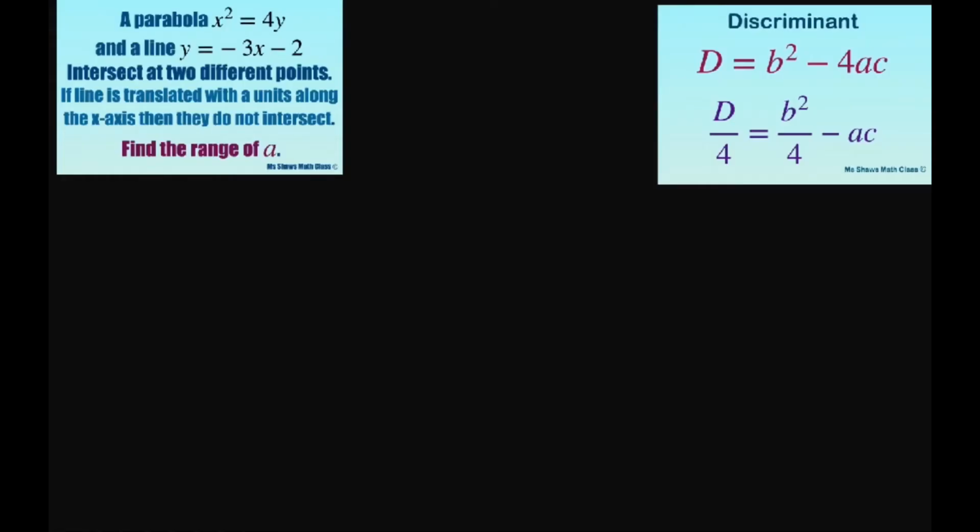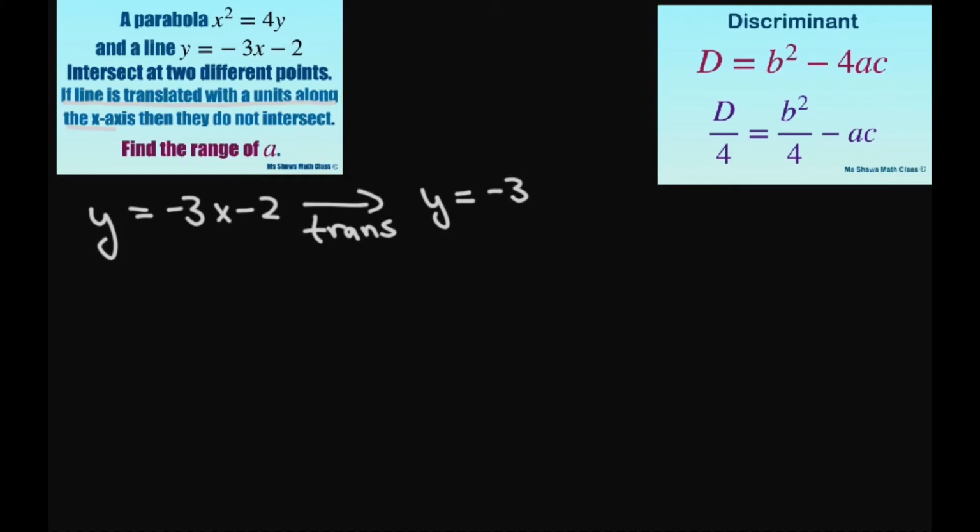Alright, so first let's translate them. Our line is translated with a units along the x-axis. So if we have y equals negative 3x minus 2, and it's translated along the x-axis, that's going to equal y equals negative 3, and our x is translated, so you just do x minus a.